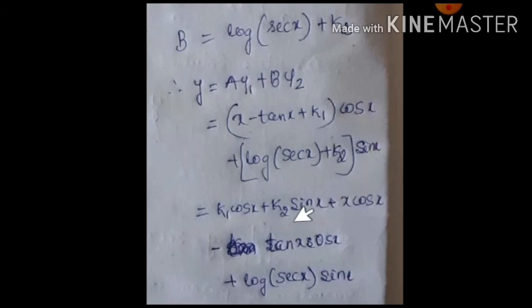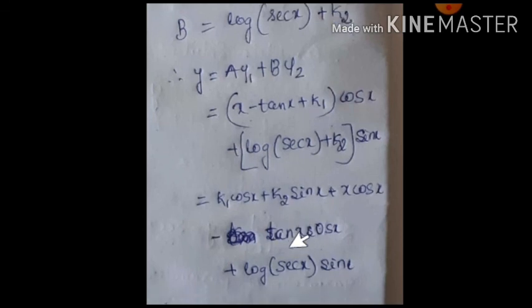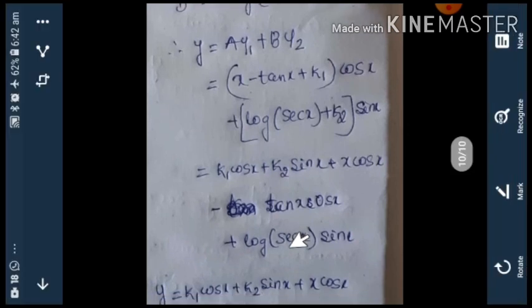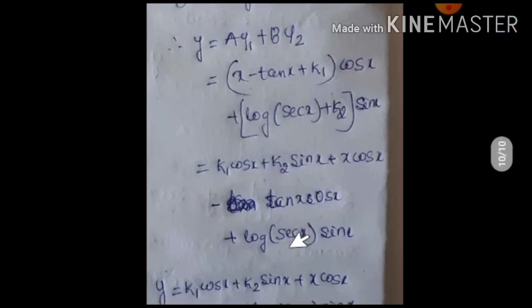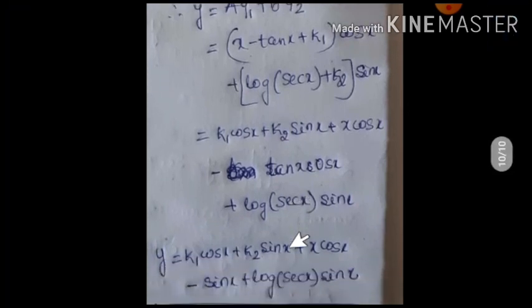Now in the next step I will simplify. I can write tan x as sin by cos. So cos and cos get cancelled and we will be left with minus sin x, plus log of secant x into sin x. Those terms will stay the same. This and this term stay as they are, only this term can be simplified. So this is the complete solution of the given second order differential equation.